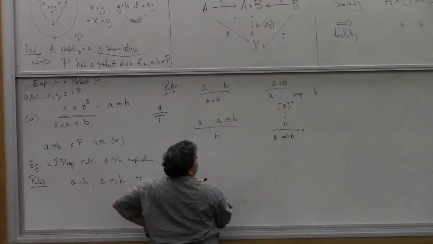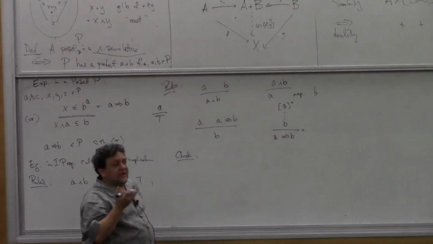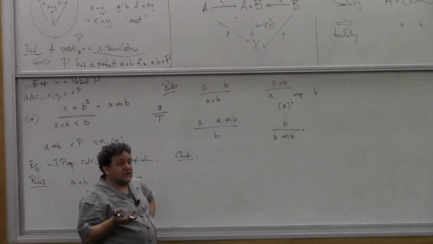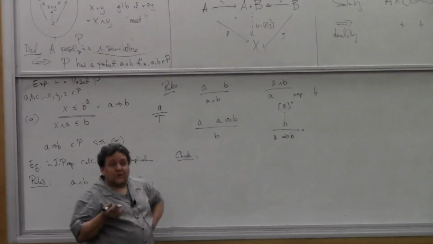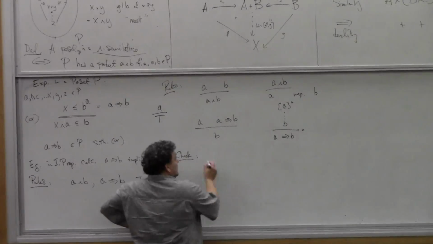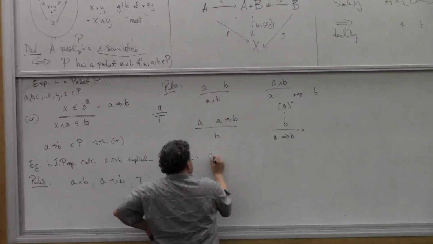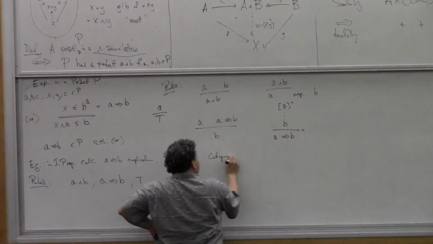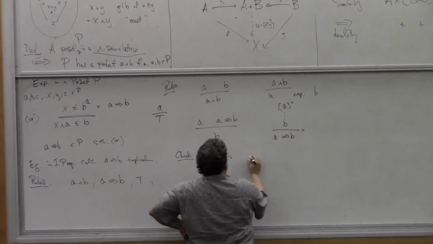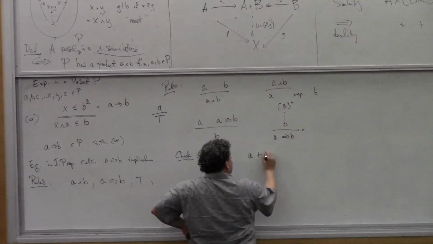So first of all, let's see that we really have a category, because I want to say that this thing is a Cartesian closed category, but I haven't said what the category structure is. So let's make a category, and the arrows will be implications.